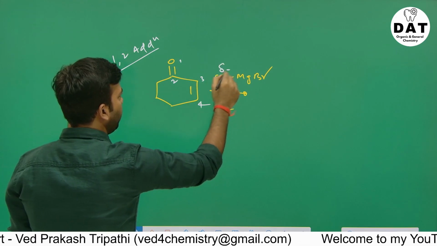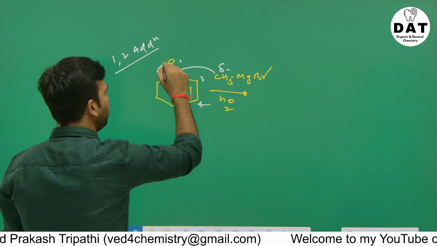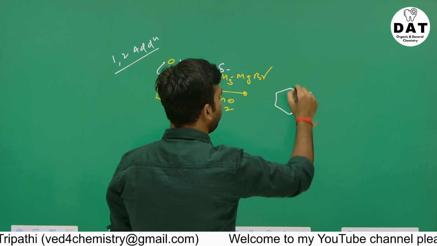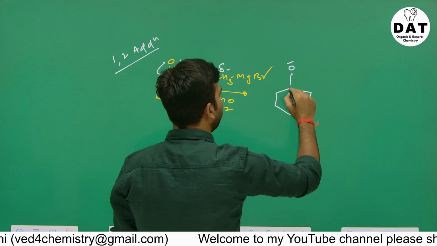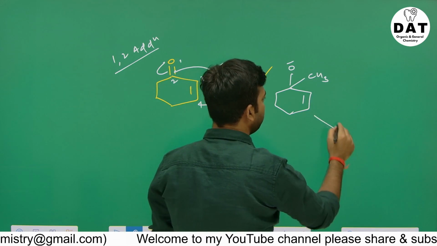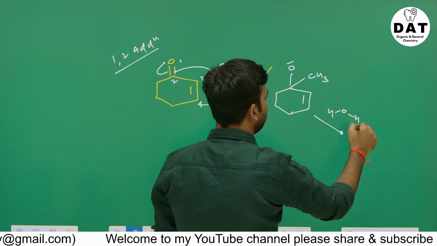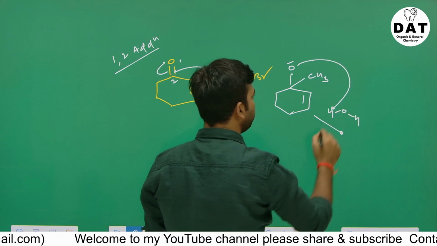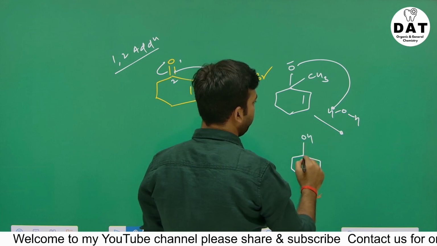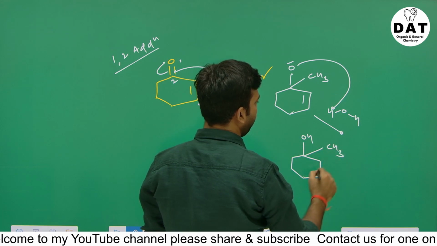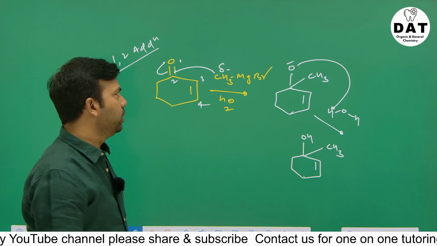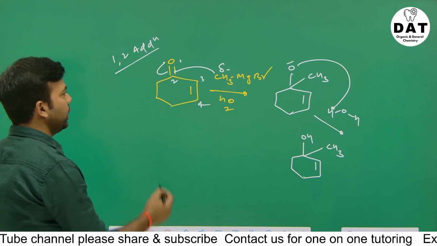So the nucleophile attacks at position 2 and this bond is going to break. It becomes O negative and here you have CH3, and after protonation it becomes OH. So this is the final product. Clear? And this is the last one in Grignard.